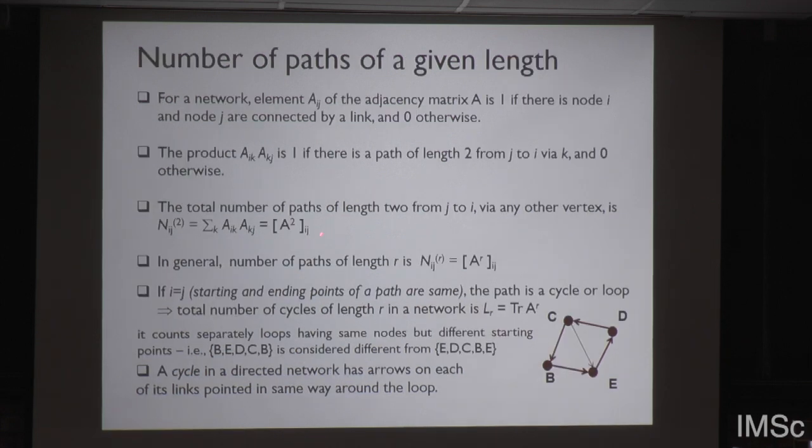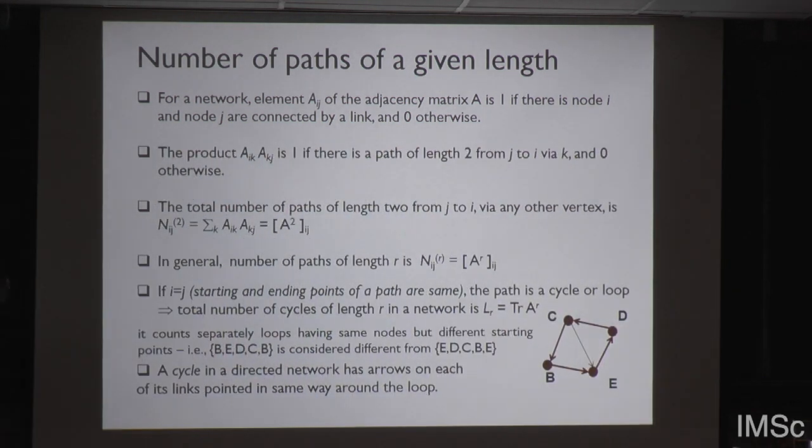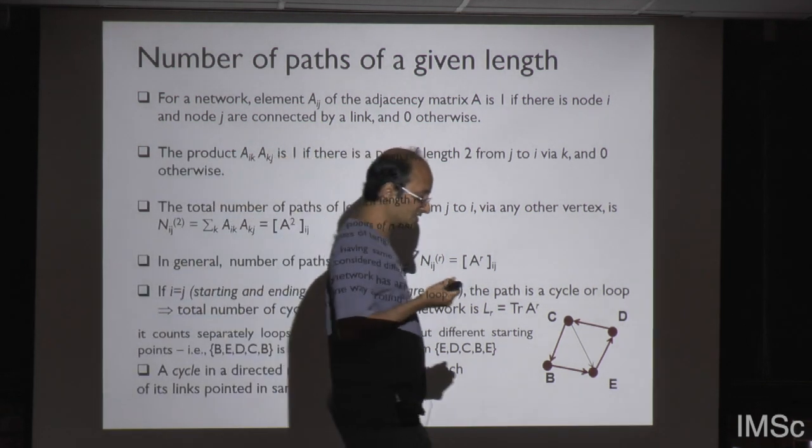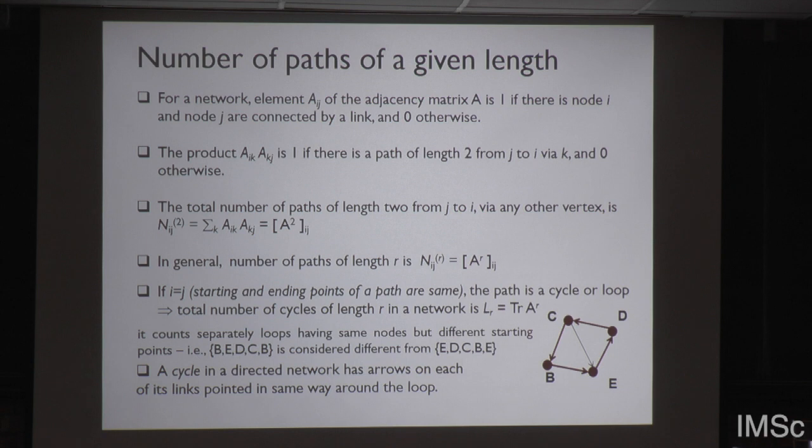Okay, now how do we find the number of paths of a given length? Again we take the help of the adjacency matrix. Now, what is the adjacency matrix actually telling you? It tells you that if Aij equals 1, that means there is a path of length 1 from I to J. Okay.